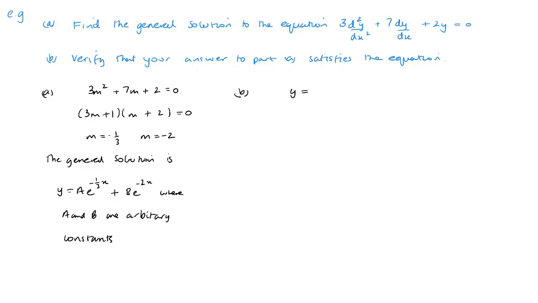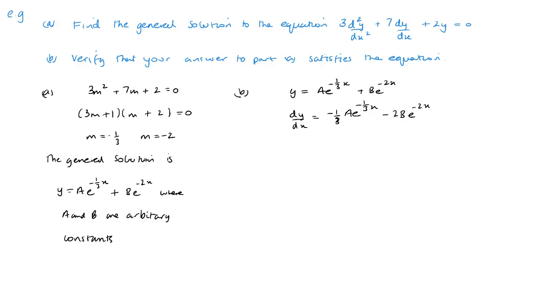So our value of y is a e to the minus 1/3 x plus b e to the minus 2x. Now I want to differentiate this. So dy by dx is minus 1/3 a e to the minus 1/3 x minus 2b e to the minus 2x.